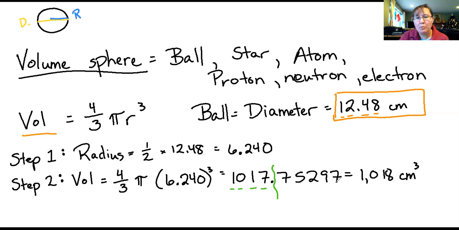If you had used 3.14 instead of the pi button, this would have actually come out as 1017. So just to warn you, there's that tiniest bit of error if you don't use the pi button. It's a pretty small value though, okay? So that is how we would find the volume of our ball.